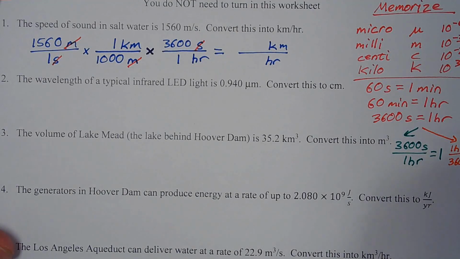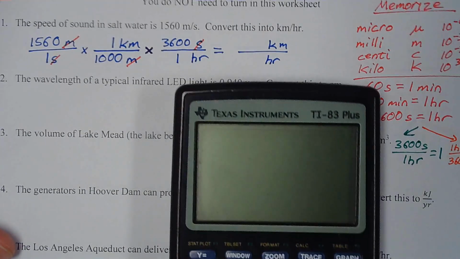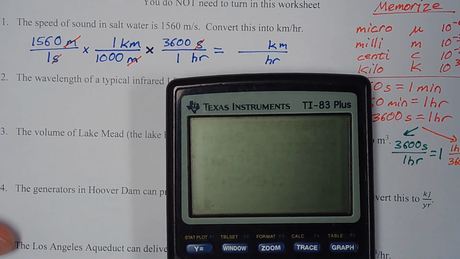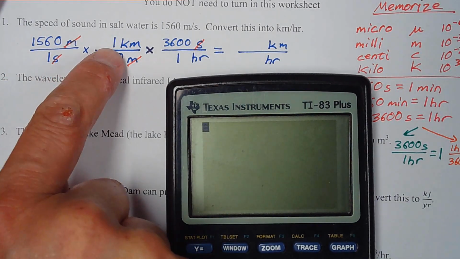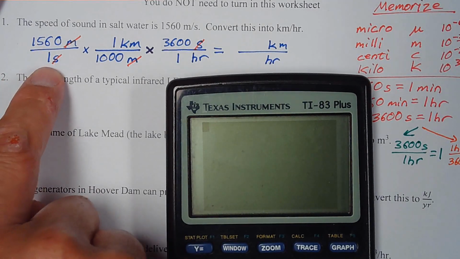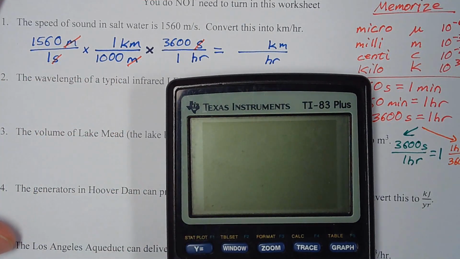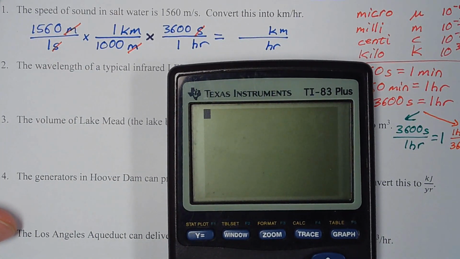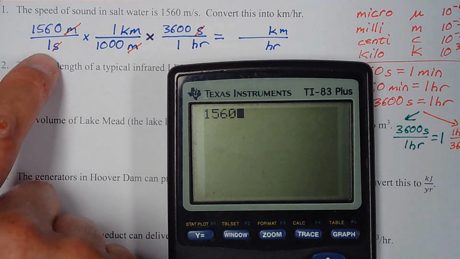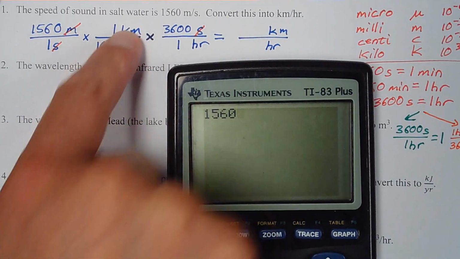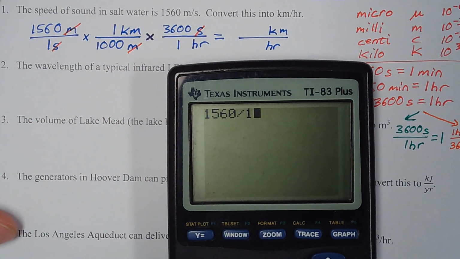And now it's just a matter of throwing everything into the calculator. Remember that dividing by 1 and dividing by 1 doesn't change the value, etc. So we got 1,560 divided by 1, let's leave that off. Multiplied by 1, leave that off, divided by 1,000. That's important.